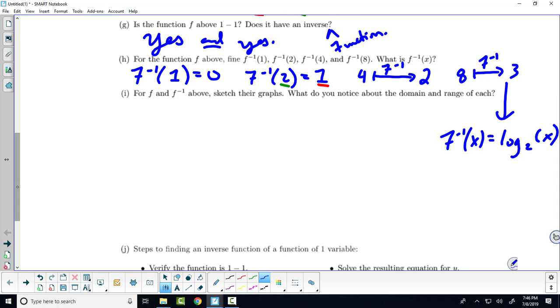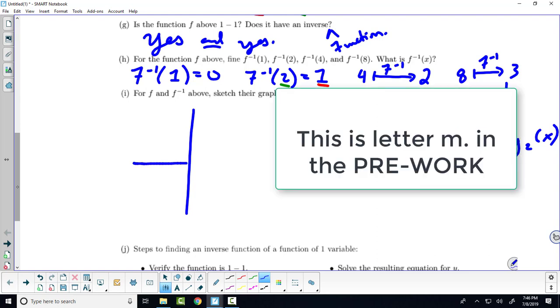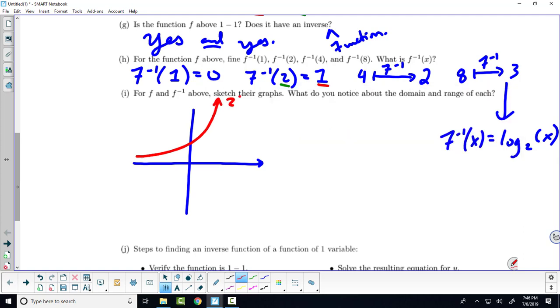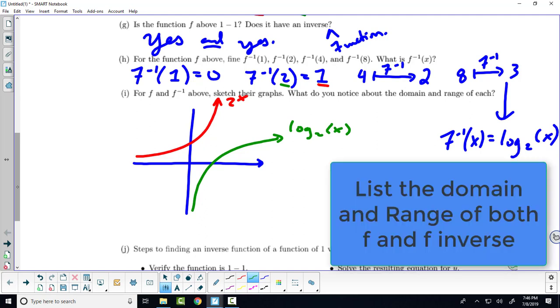Okay, so let's go ahead and sketch the graphs of these two functions. Here we've got the graph of 2 to the x. And here we've got the graph of log base 2 of x. Notice the domain range flip-flop. What is the range of red?